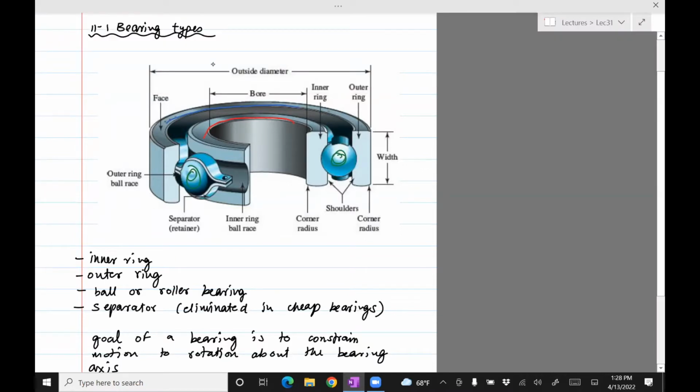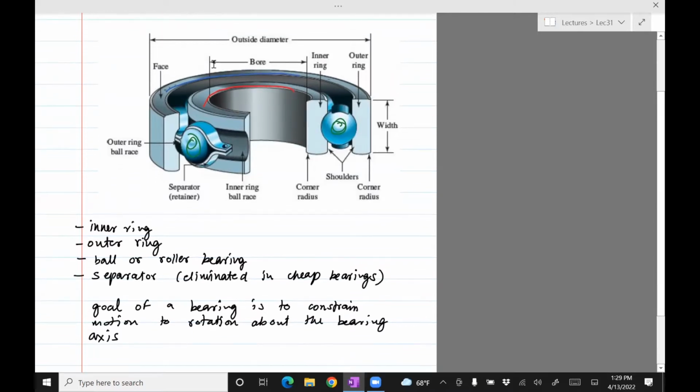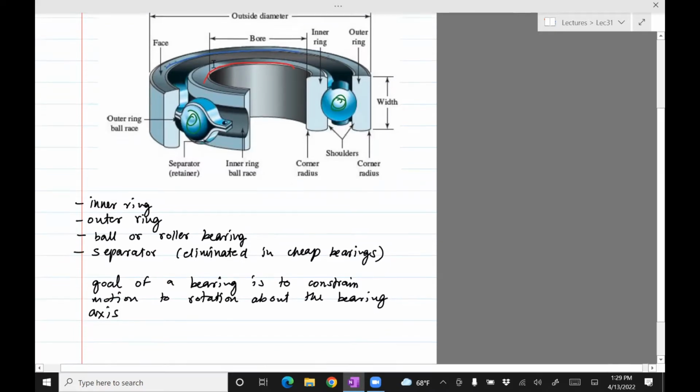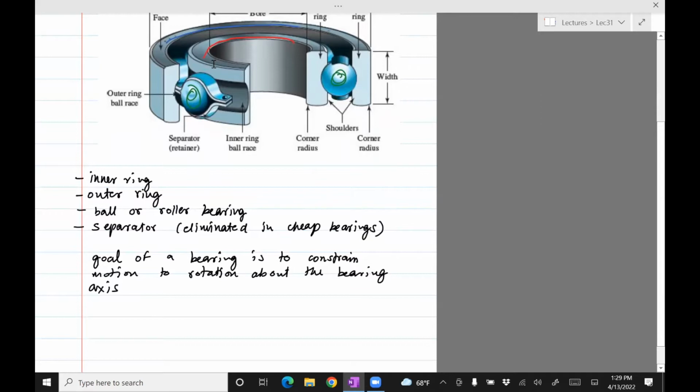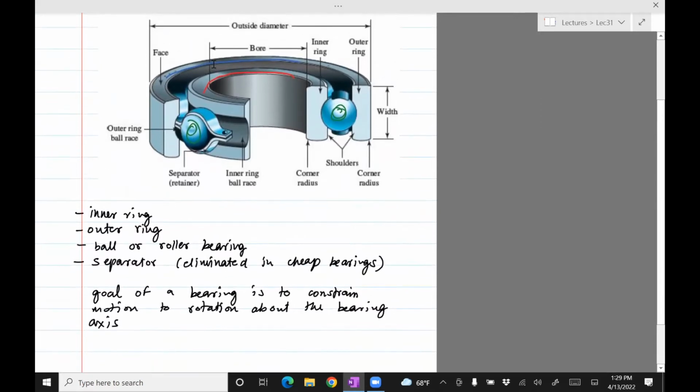They've only shown two, but they are all over the circumference. Sometimes those balls have separators to keep the balls from contacting each other. That is something you'll find in a more expensive bearing. Cheaper bearings will not have those separators.